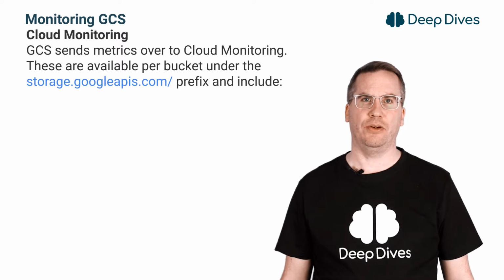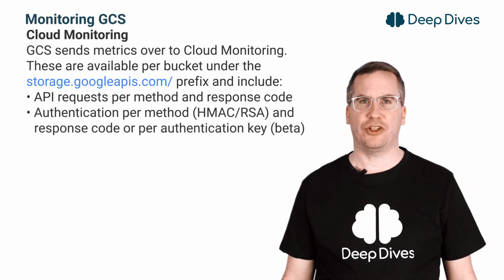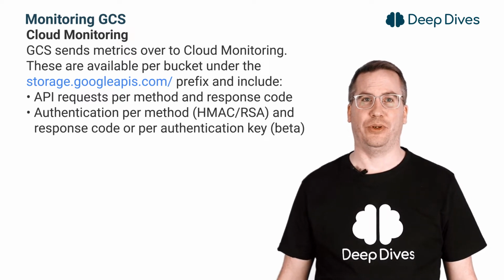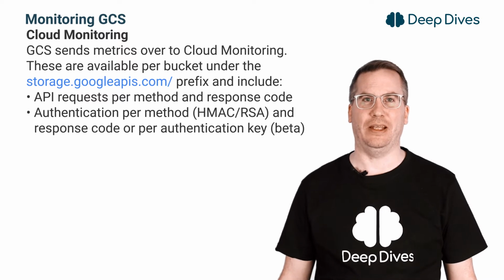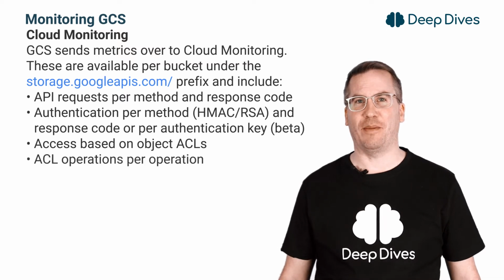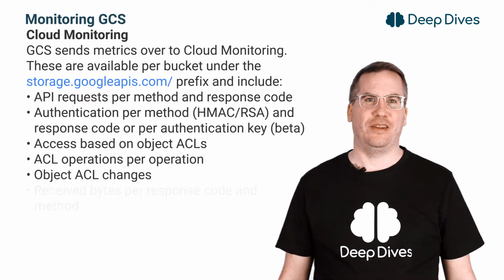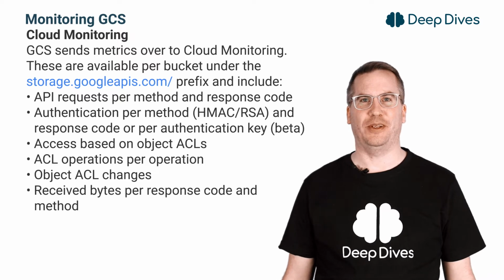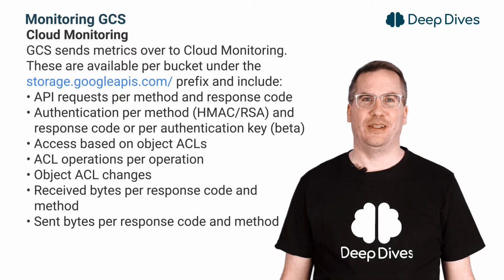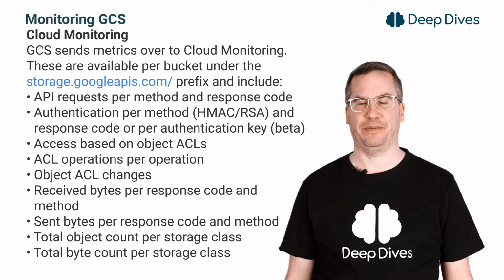The metrics sent include the API requests per method and response code, the authentication per authentication method and response code, or even per authentication key, however, that's in beta, access based on object ACLs, ACL operations per operation, object ACL changes, the received bytes per response code and per method, sent bytes per response code and method, total object count per storage class, and total byte count per storage class.